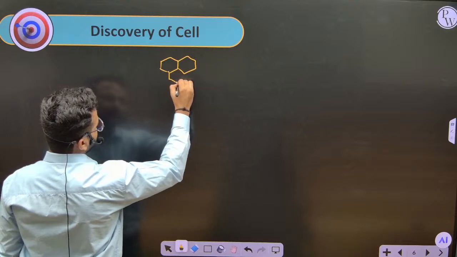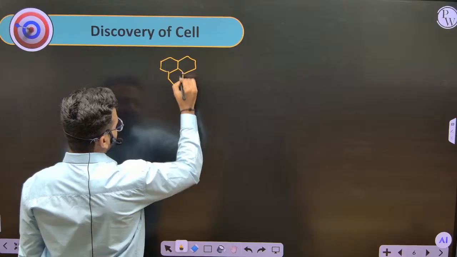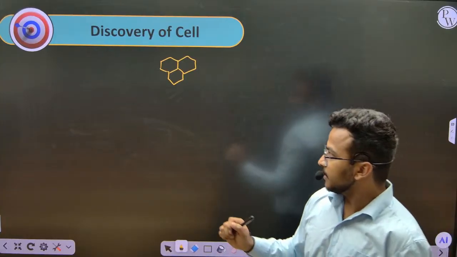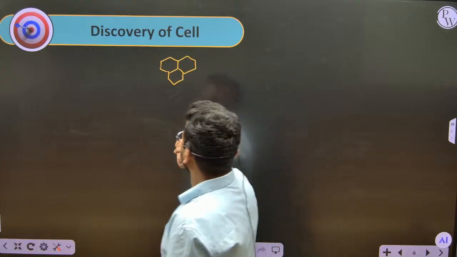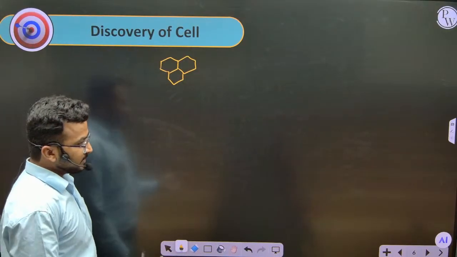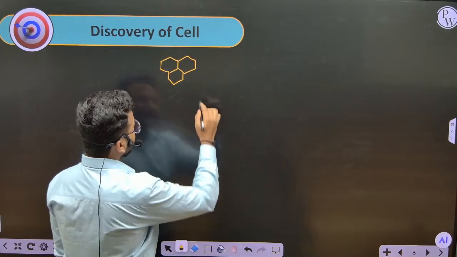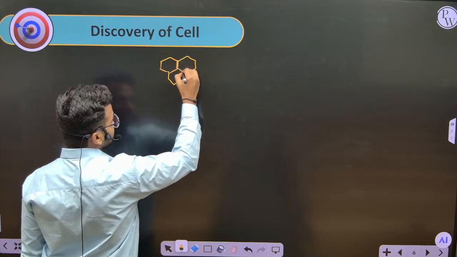In some CBSE books they have given this structure, and they have given the analogy of a honeycomb. The honeycomb structure will look like this. I hope you might be knowing about this. These structures look like this, they have walls like this.